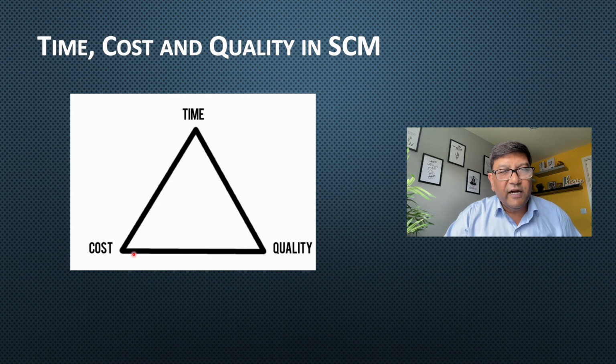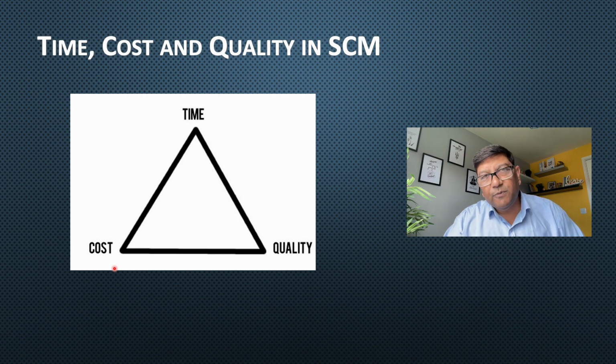So over here we try to reduce the cost, but at the same time we preserve the quality standards for that product. If you try to reduce the cost and use material which is not as per the standard, the output quality might not be as per the standard as well. Now let's look at these things one by one.